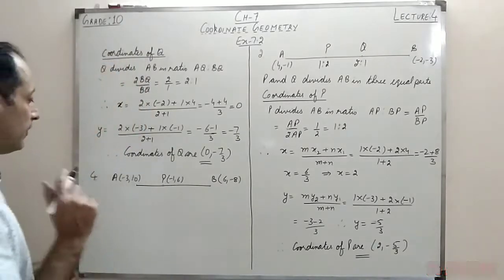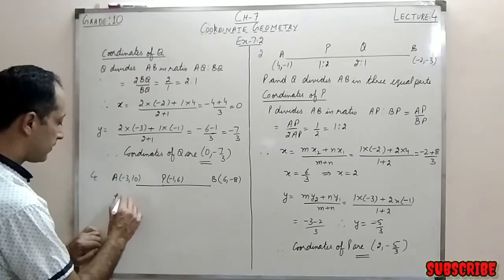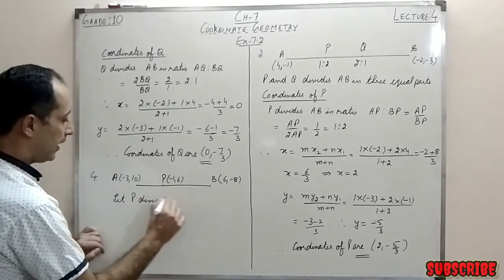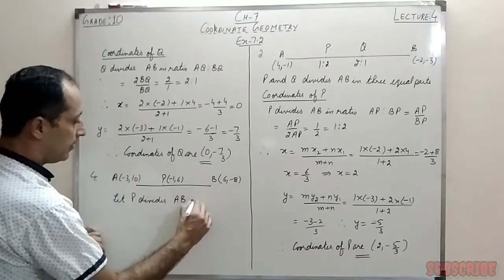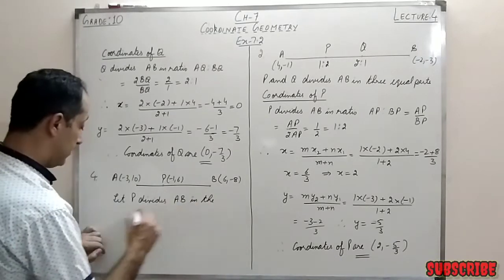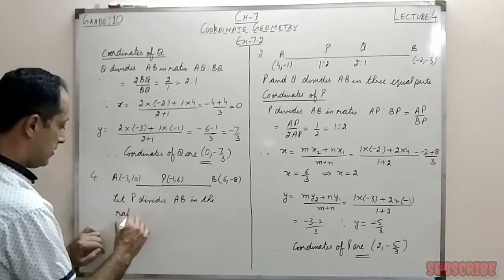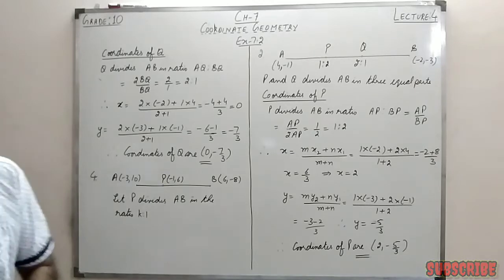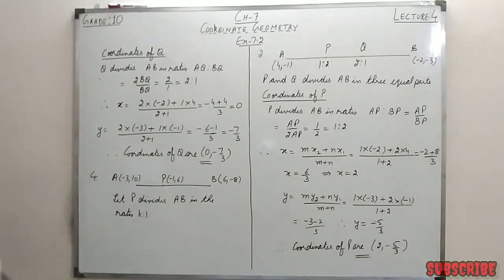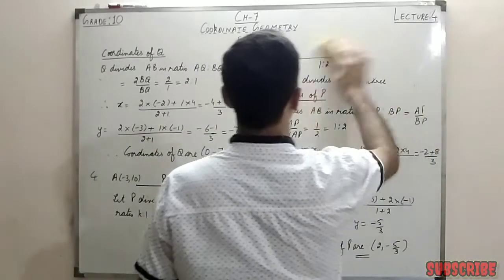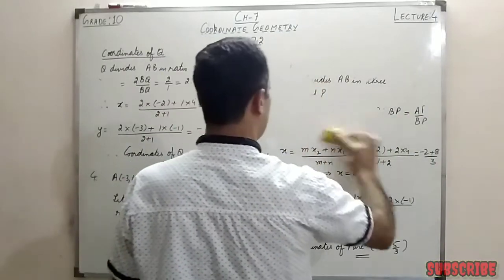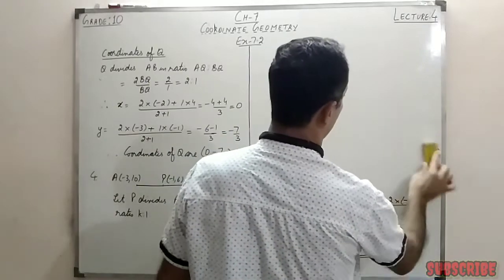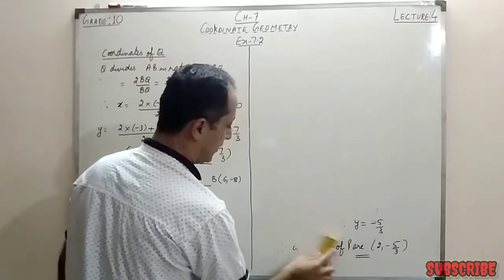So we can suppose let P divide AB in the ratio K:1, right? So how will we proceed now? We will use the relation of finding the coordinates as mx2 plus nx1 upon m plus n.